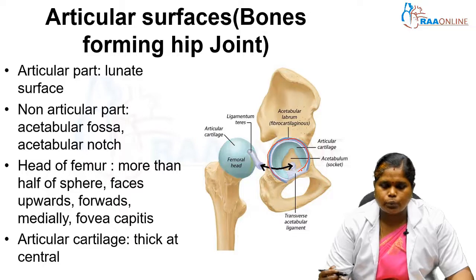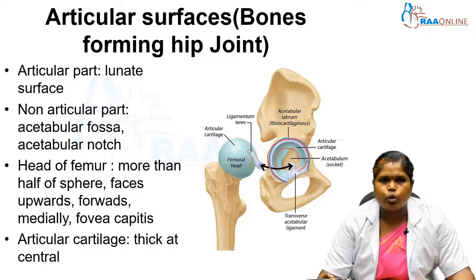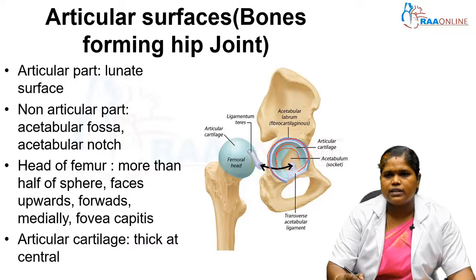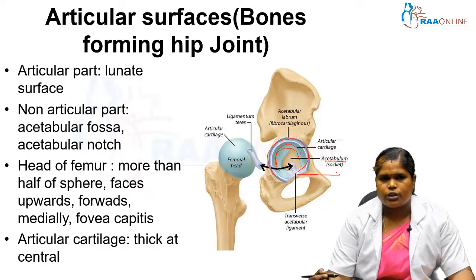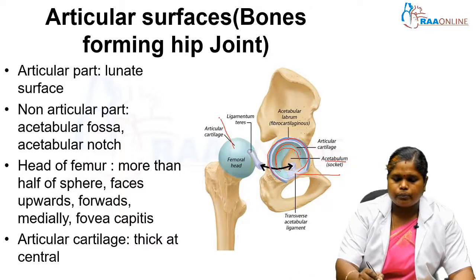The articular portion is only the lunate surface, which we can see in the bone also. Just here you can look for this lunate surface, and in the center we have the acetabular fossa, and then the acetabular notch. These are all the parts of the acetabulum.